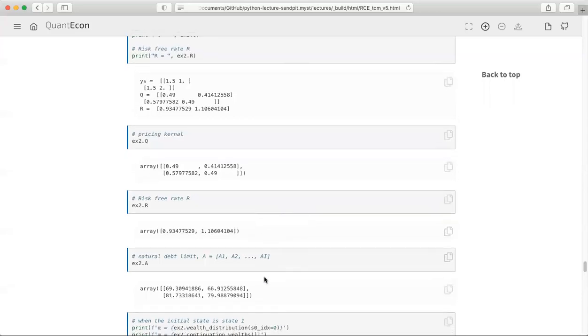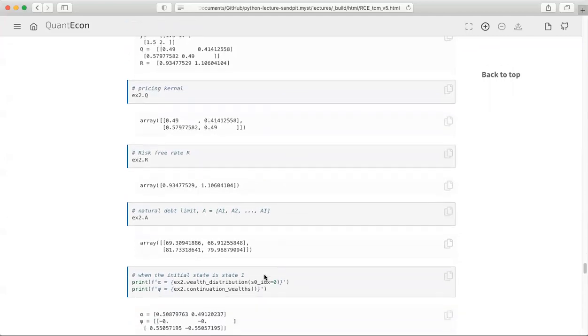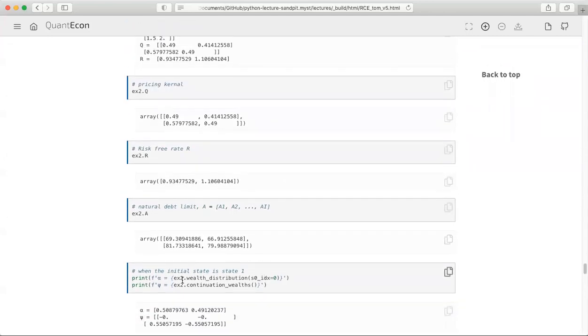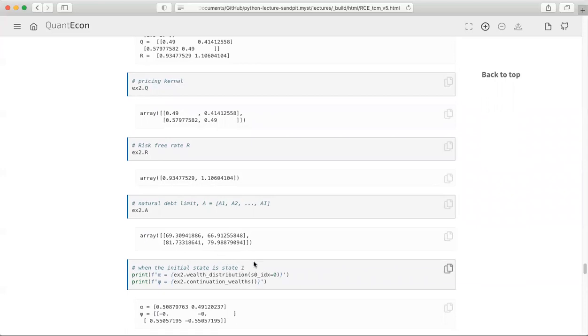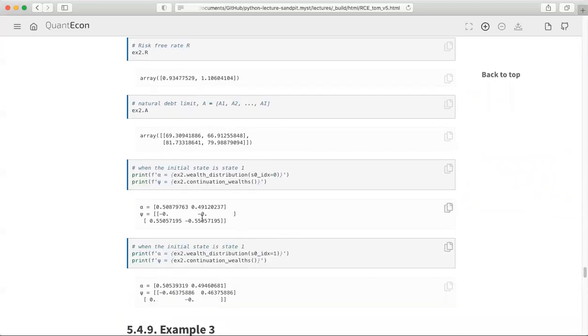We can compute the natural debt limits. Okay, now let's compute wealth. Well, if we start in state 0, both guys start with continuation wealth 0. That's where they start.